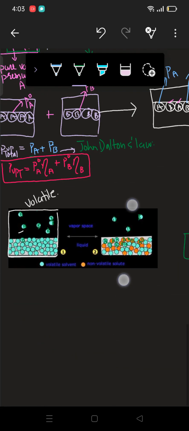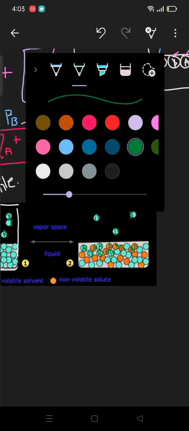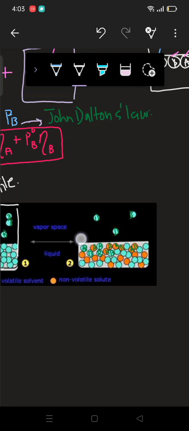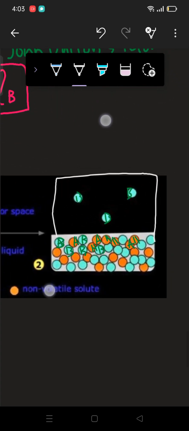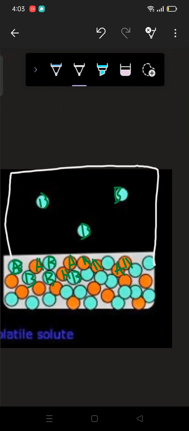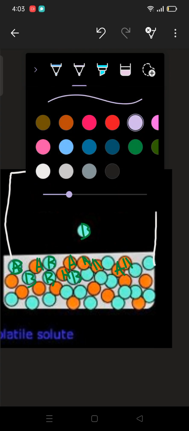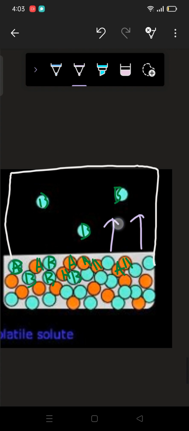See, it is reducing the surface area. If the A molecules would not have come here, all the molecules of B would have been evaporated to make the vapor pressure, right? But because of the presence of the A molecules, which are non-volatile, they are reducing the vapor pressure, right?